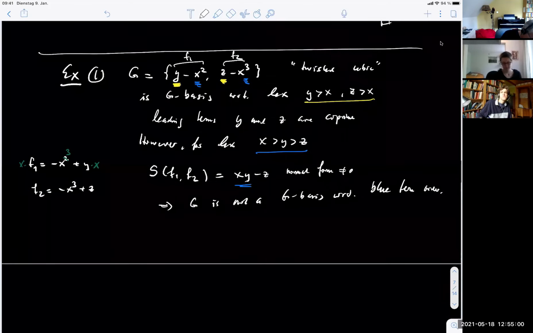What we have seen here in example 1, we can easily generalize.